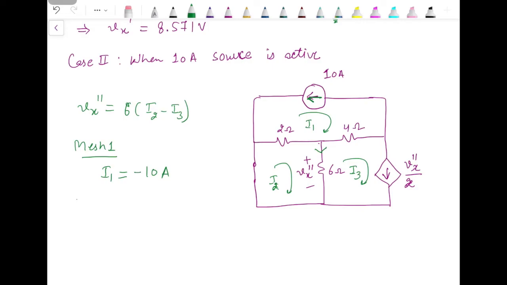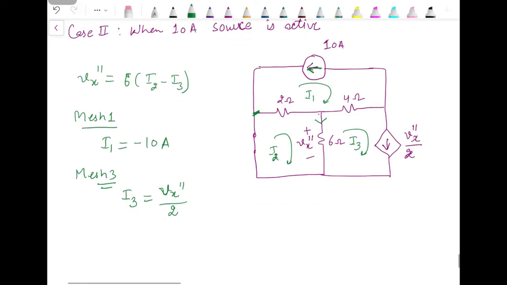Same happens in mesh 3. From mesh 3 we can have the direct value of I3, that is Vx double dash by 2. So we need to write the KVL equation from mesh 2 only.